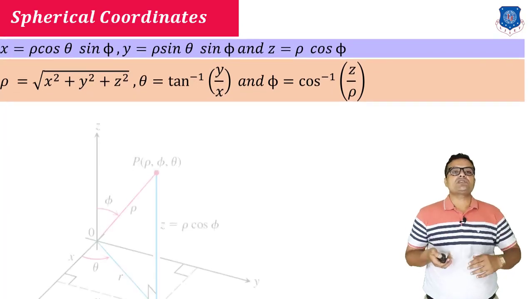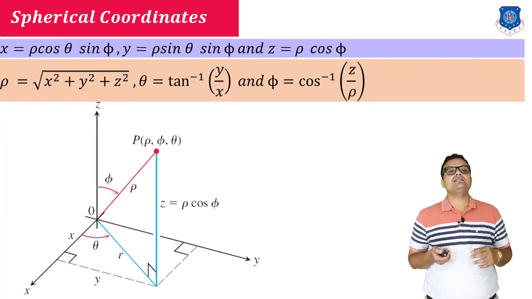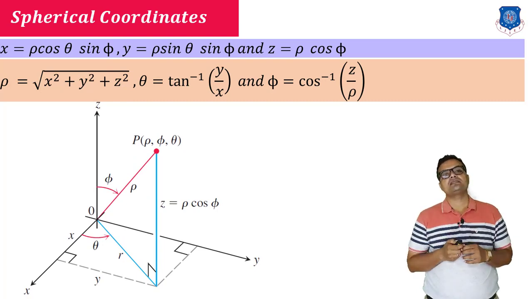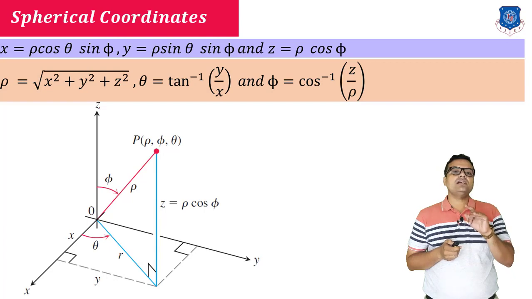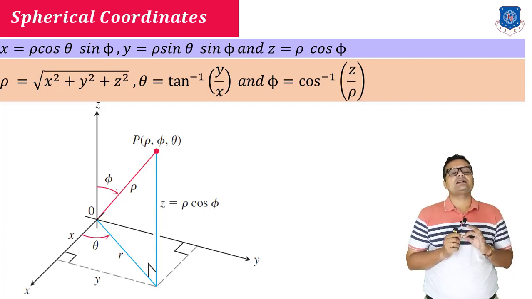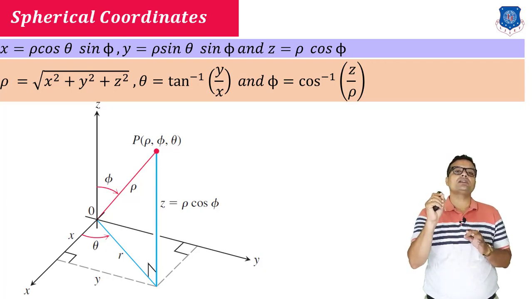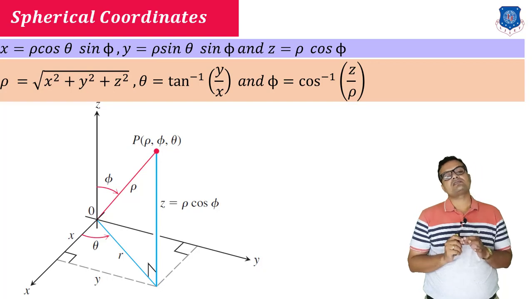Keeping these two transformations in mind, let us consider how a point is transformed in three-dimensional space. If you look carefully, my first part would be considering the value of rho. Rho is nothing but the distance of my point from origin, which is given by root of x square plus y square plus z square.